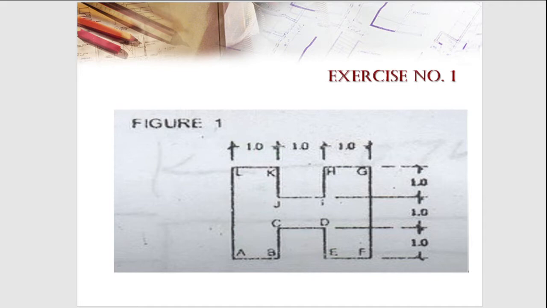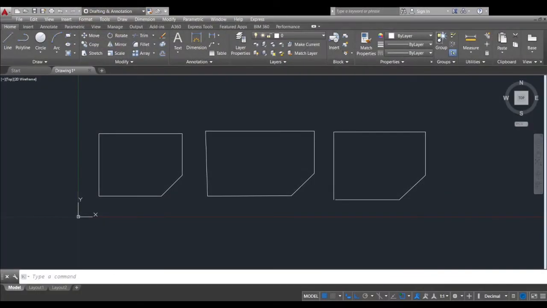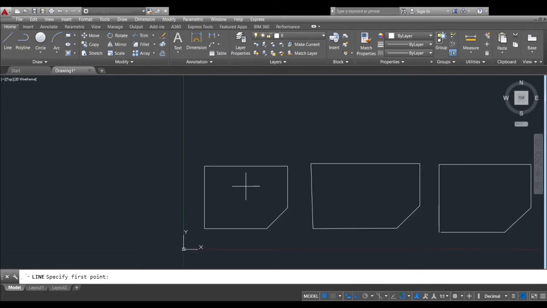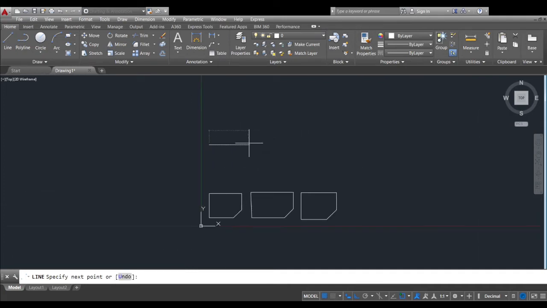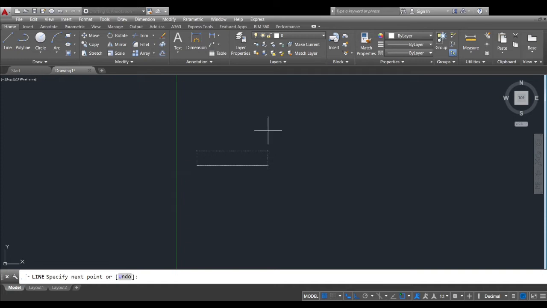So let's type line, 1,10. Okay, so this is where our point A is, and then I will turn the ortho mode off.